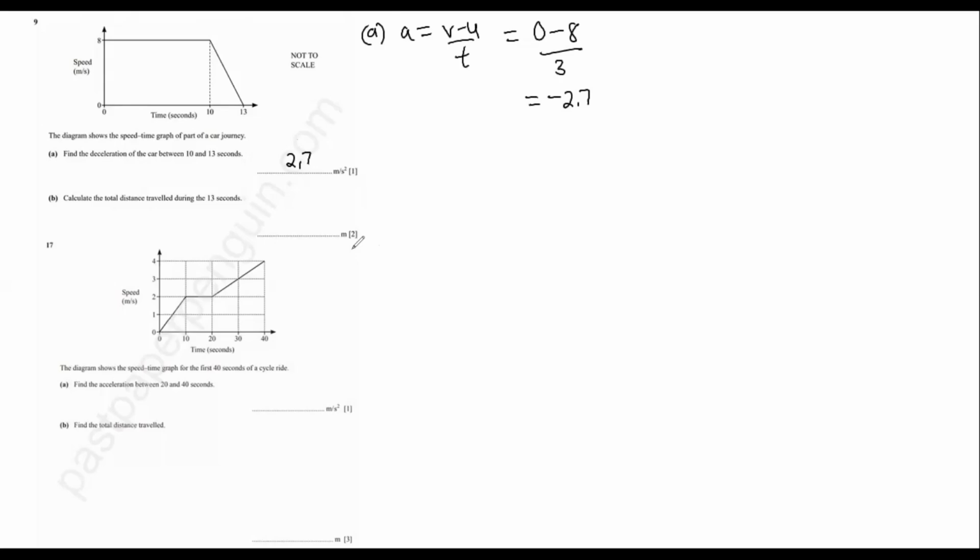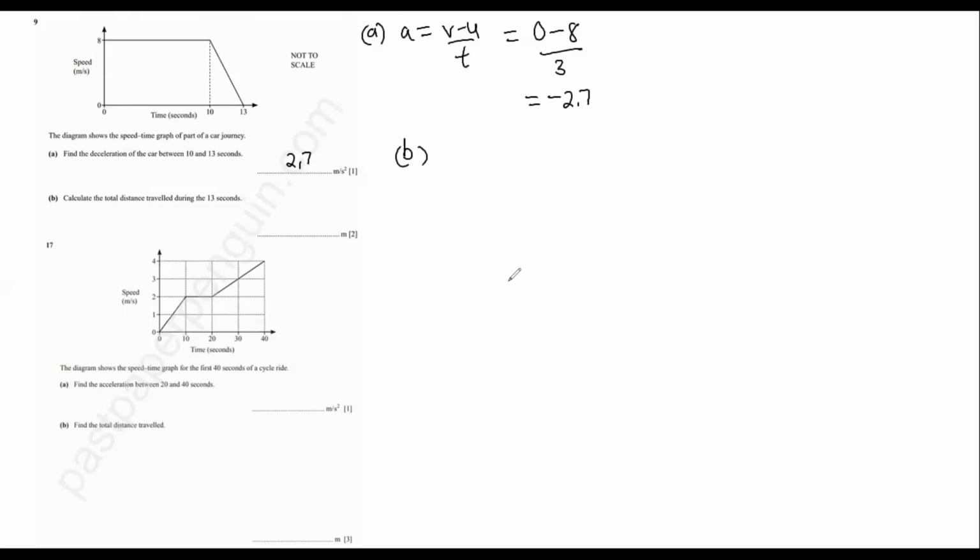Now we're running out of time. Find the total distance traveled during 13 seconds. We split the graph into two shapes.